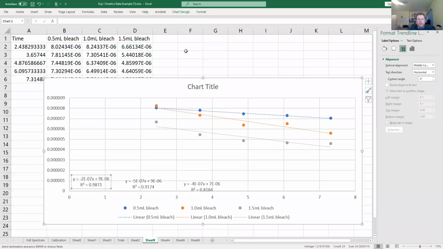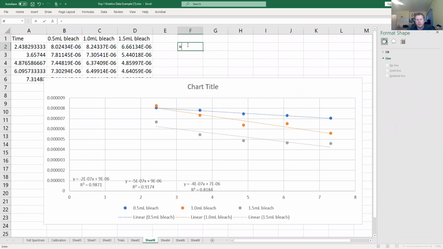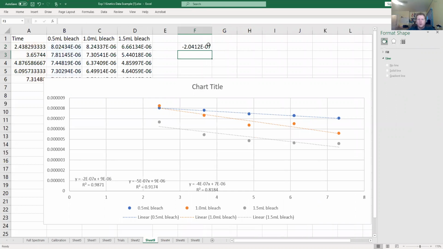We have those values, but one thing I'd like you to do is go ahead and do what we did previously and put together this data where we're not looking at the entire graph, but instead selecting the range for the slope and having the slope calculated independent of the graph. Here it gives you more significant figures.